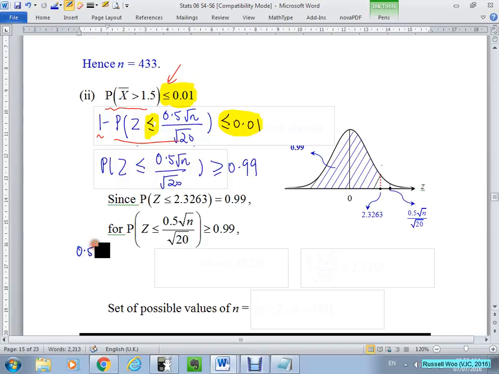Some of us do this. Must be greater than or equal to 2.326. Actually, you can spot pattern because this inequality sign should follow this inequality sign.